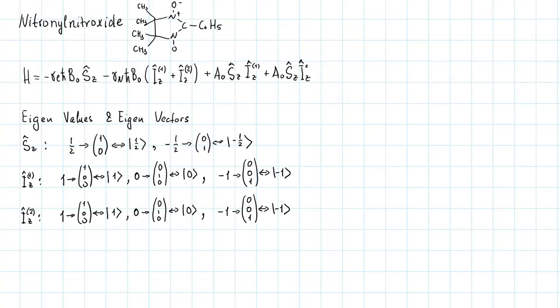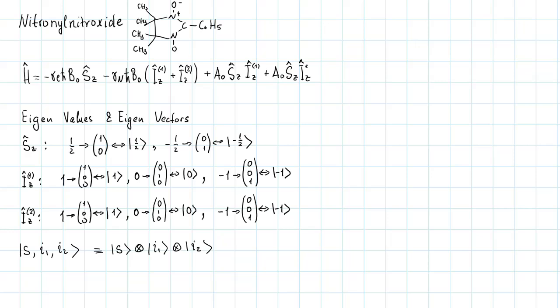Let us construct such a general product spin state, with the electronic spin state ket S in the first position, with the nuclear spin state ket I1 for the first nitrogen nucleus in the second position, and with the nuclear spin state ket I2 for the second nitrogen nuclear spin in the third position.